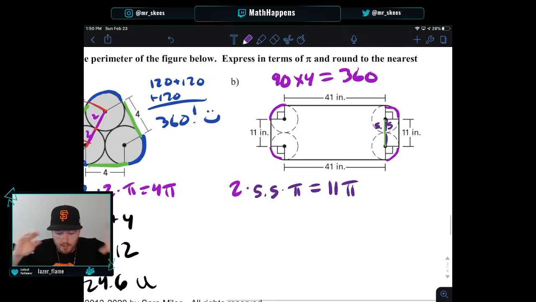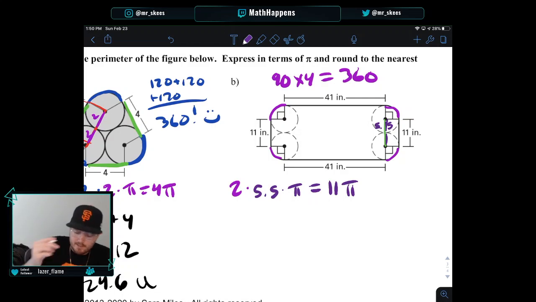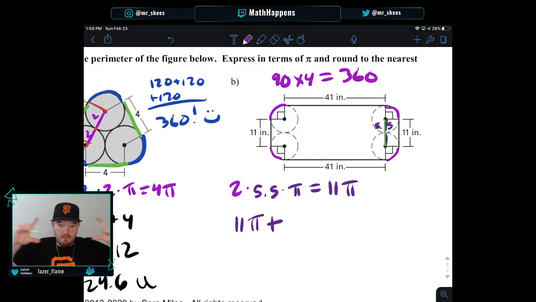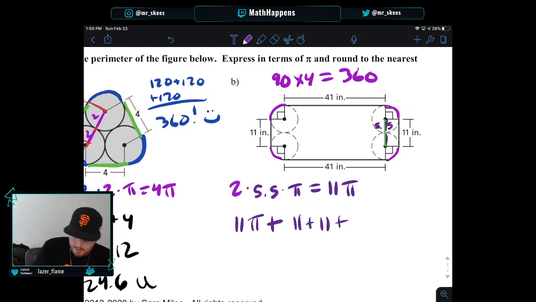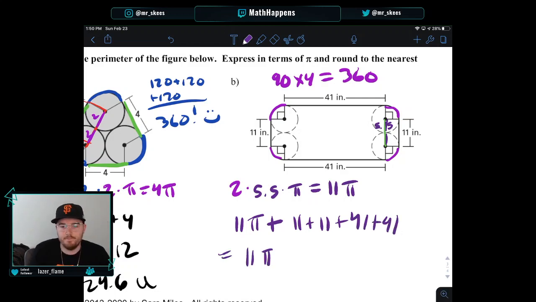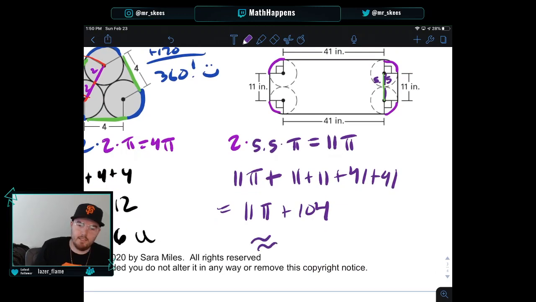That's the 4 arcs added together, or in other words, one circle, plus everything else. The 11 on either side, and the 41 across top and bottom, coming out to be 11 pi plus 144, or 104, which is approximately 138.5, and these are actually labeled to be inches.